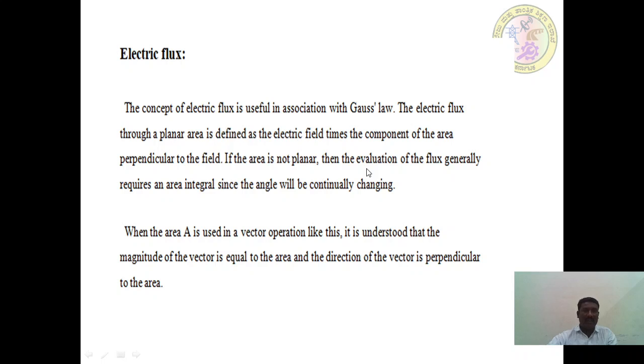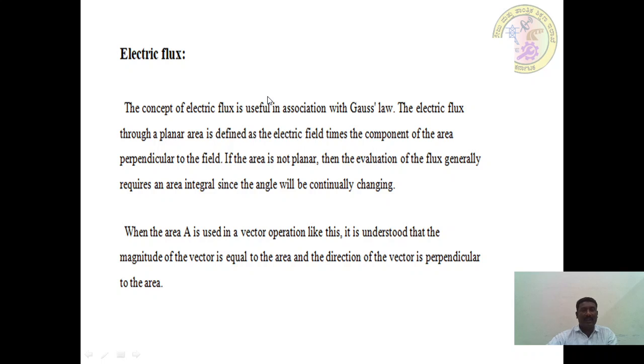Then you pass on to electric flux and electric flux density. Let us define electric flux and electric flux density. See, electric flux.